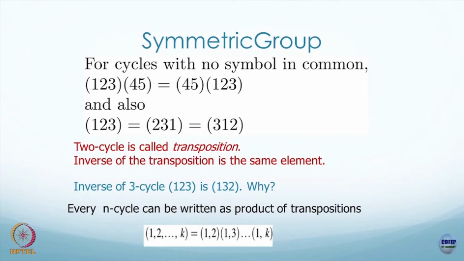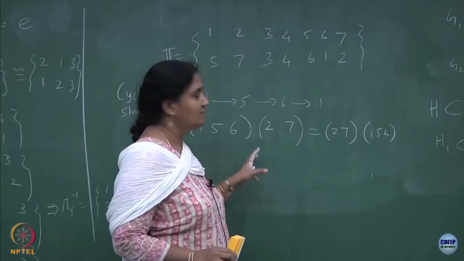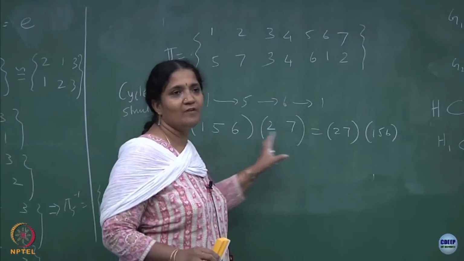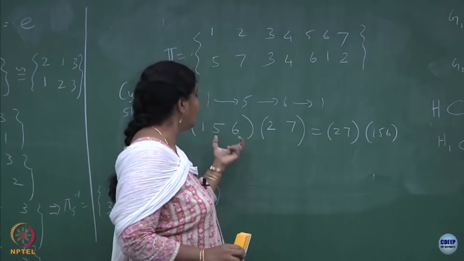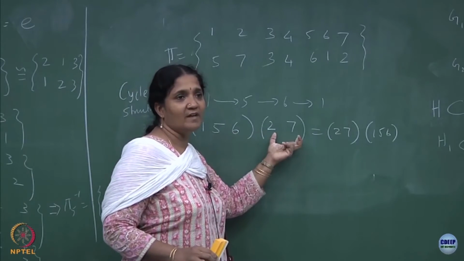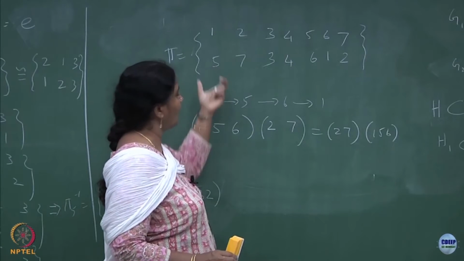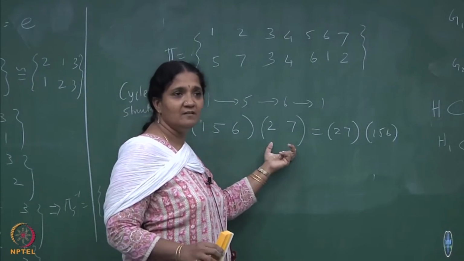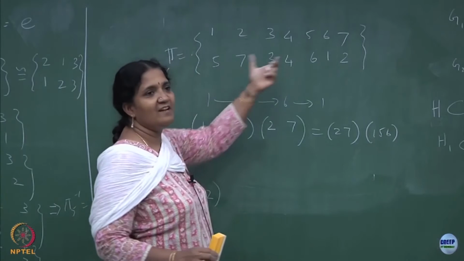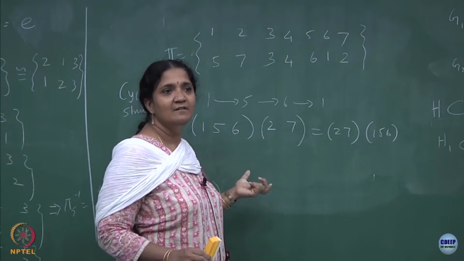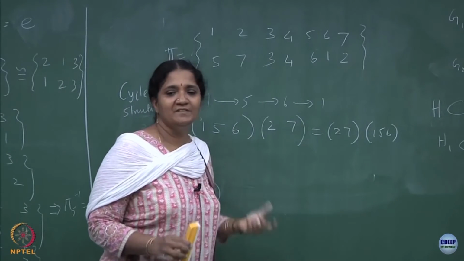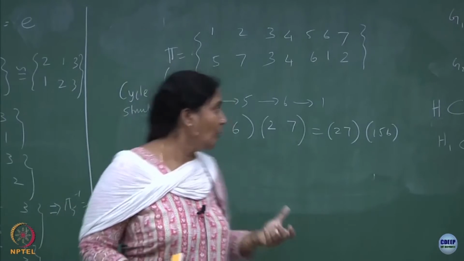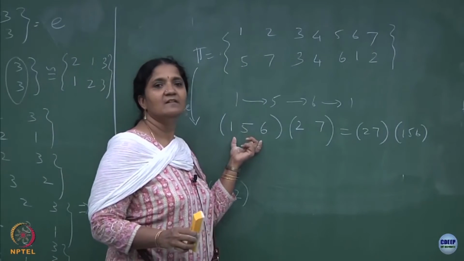The next one is, suppose I have, this was a simple example, I could have had a cycle which had 4 or 5 elements. This is a 3 cycle, this is a 2 cycle. So, this particular element is a product of a 3 cycle and a 2 cycle. You could have a 4 cycle and a 3 cycle, and then the question is, what do we mean by a 3 cycle?